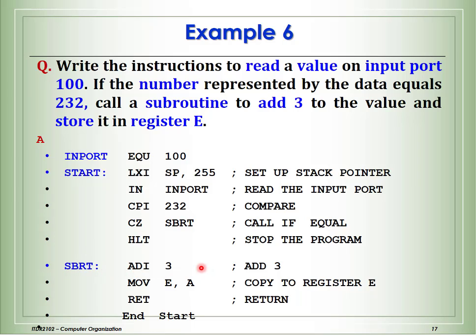Then we add 3 to the accumulator, and the contents of the accumulator are moved or copied to register E. Then we see the return instruction, which is unconditional. The next instruction stops the program, and then the assembly program stops.